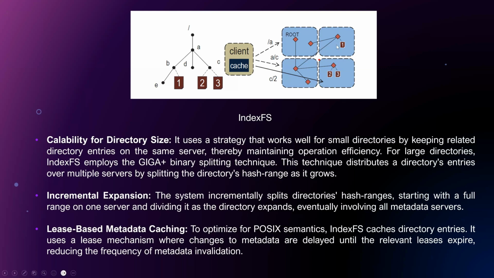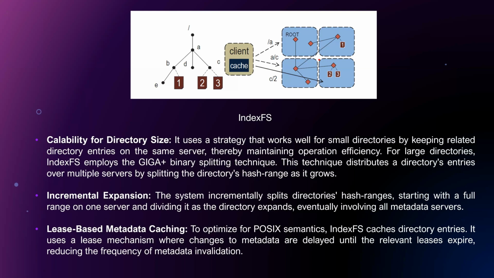It gives a directory a hash name, and with that hash name it moves it to the next servers. This system incrementally splits directory hash ranges, starting with a full range on one server and dividing it as the directory expands, eventually involving all metadata servers. So it will always include all the metadata servers. Now, lease-based metadata caching.